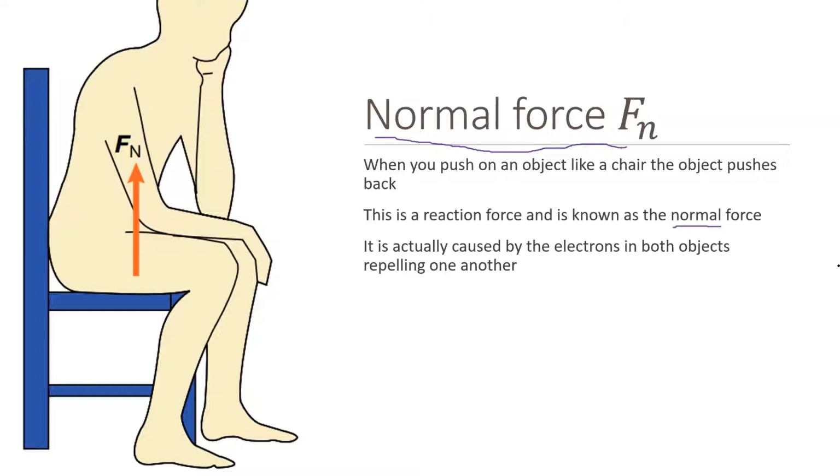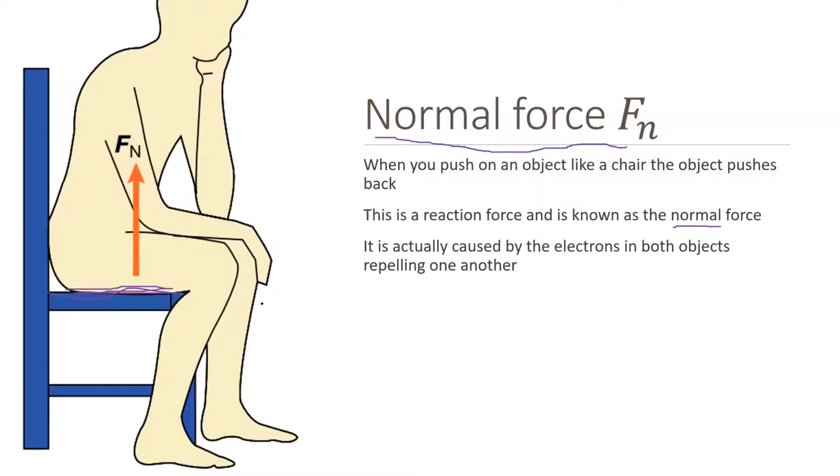For those of you that end up doing mathematics, a normal means that it's perpendicular to a surface. So if you notice here, the surface of the chair is here. The normal force is acting perpendicular to that. And normals are always perpendicular to the surface.